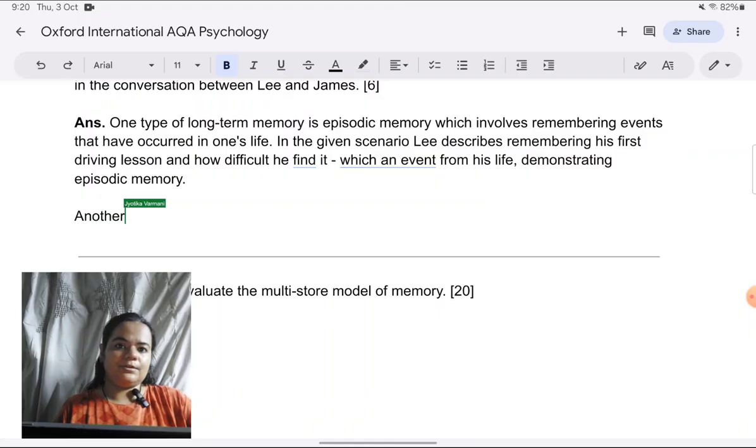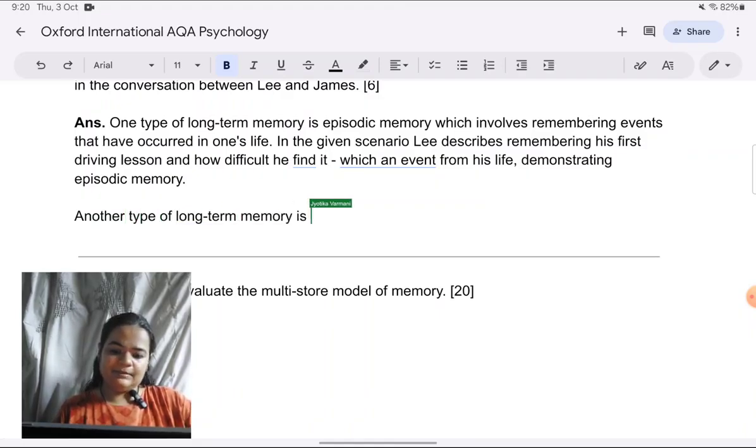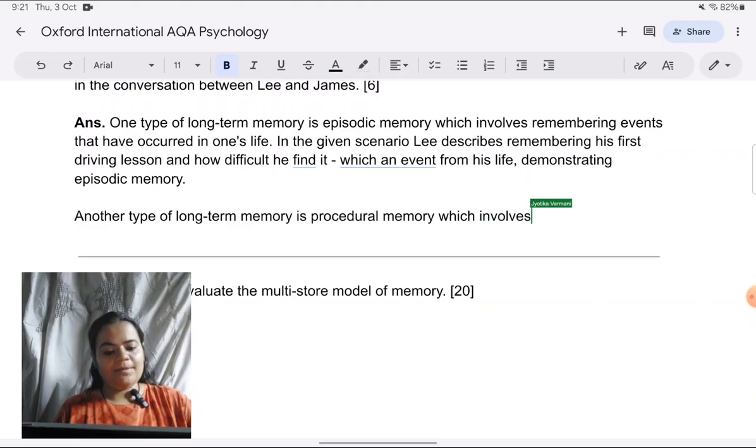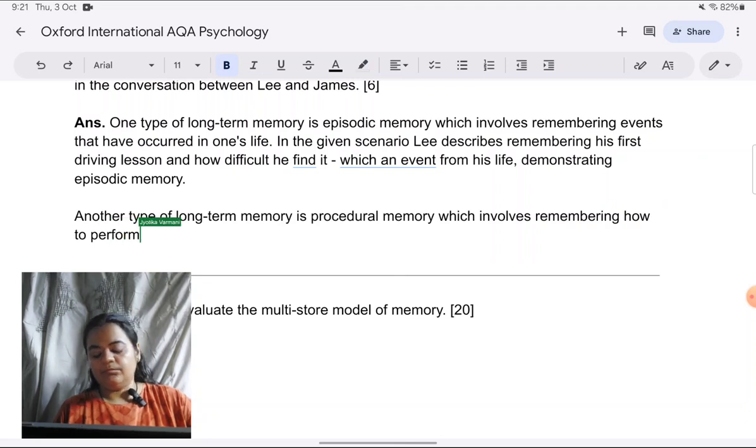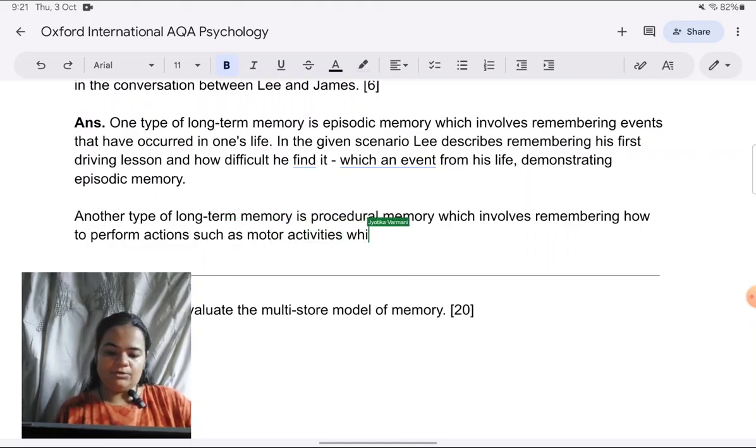Another type of long-term memory is procedural memory, which involves remembering how to perform actions such as motor activities, which become automatic after sufficient rehearsal and practice.